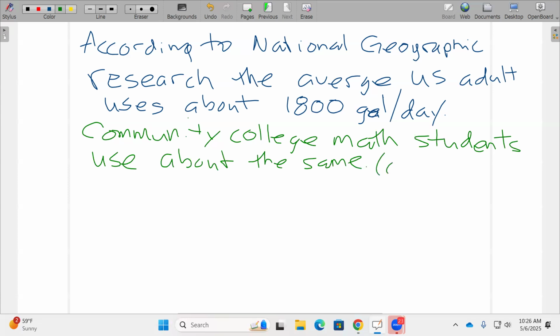So I could also say, AKA, don't have a different average. Would about the same be appropriate when they're very similar numbers but not the same numbers? Yeah. Okay. So, don't have a different average.